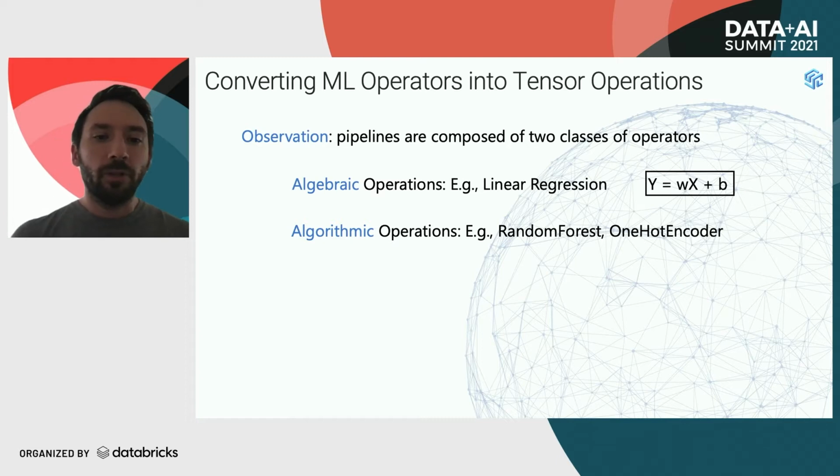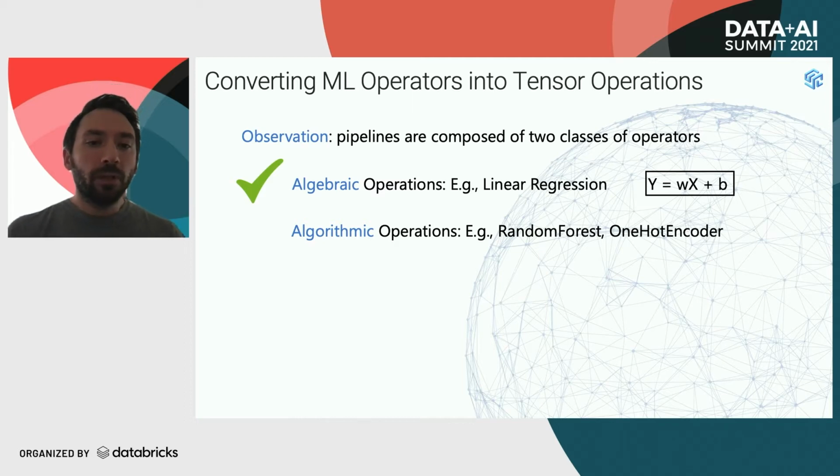For these, think of random forest or one-hot encoding, where you have to implement an algorithm for doing, for instance, a tree traversal. Translating algebraic operations into tensors is straightforward, because you just use the linear tensor abstraction to implement the matrix-vector operations.